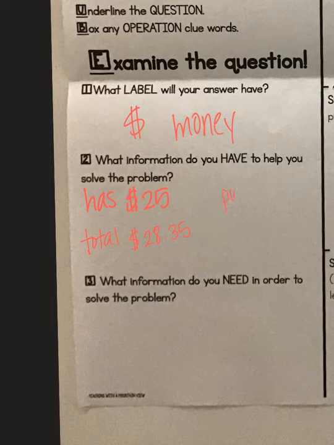He put back the corn, which was $1.85. And he put back the bread, which was $1.99. So see, we're just kind of looking and gathering all of our information. What information do we need to solve the problem? I know the total. I know what he put back, but what do I need to figure out?